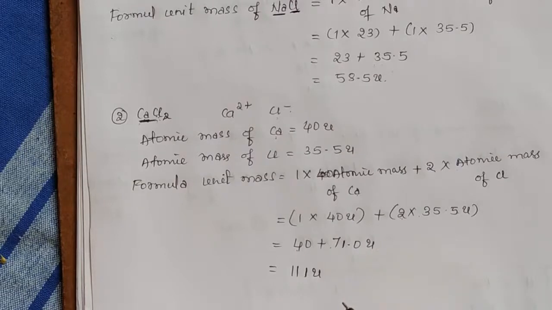So children, I will send some more examples, some more chemical compounds, for which you have to calculate the formula unit mass and molecular mass. In the next class we will see the mole concept.